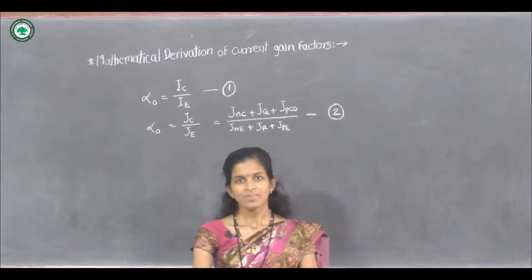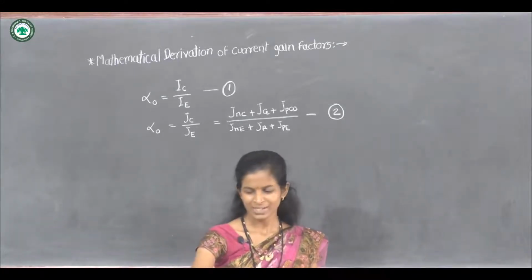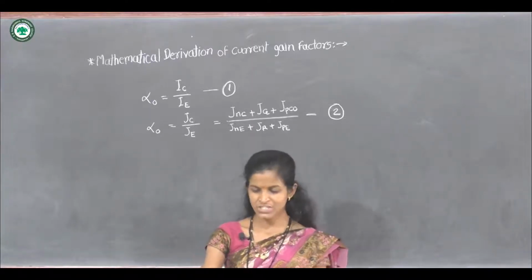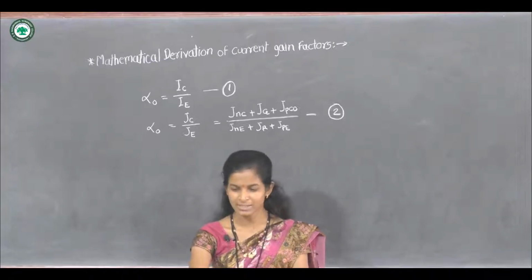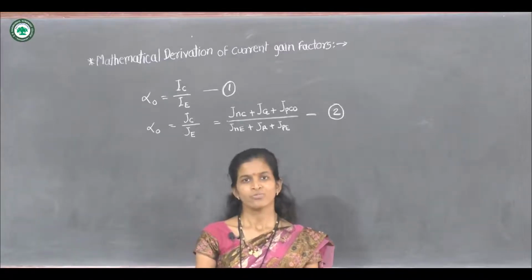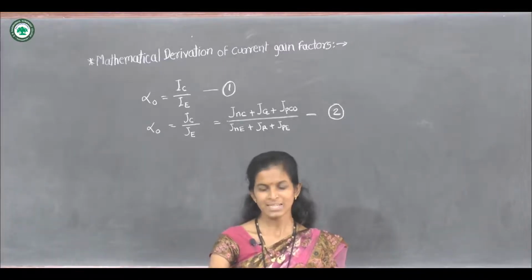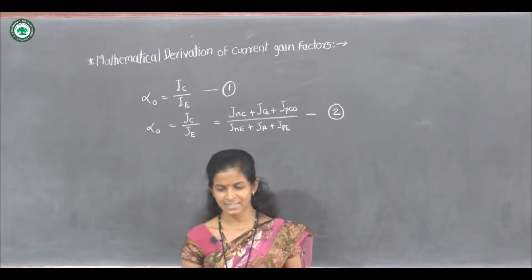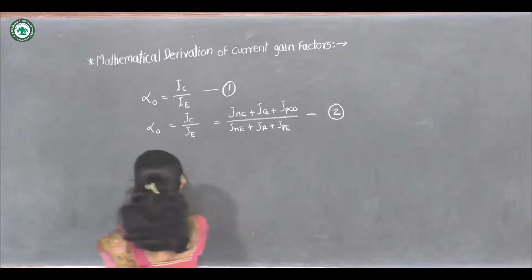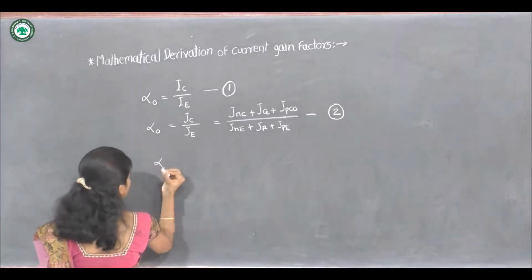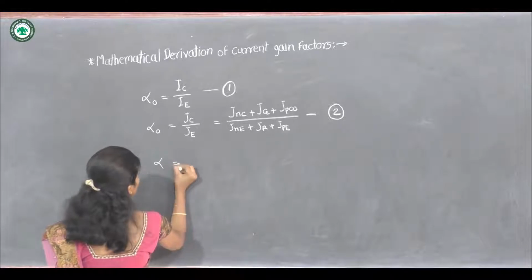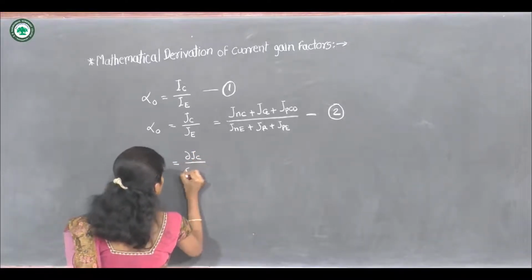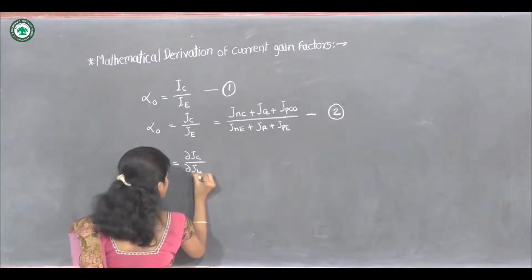So primarily we are interested in determining how the collector current will change with change in emitter current. For the small signal or sinusoidal signal, the common base current gain is defined as alpha is equal to dou JC by dou JE.